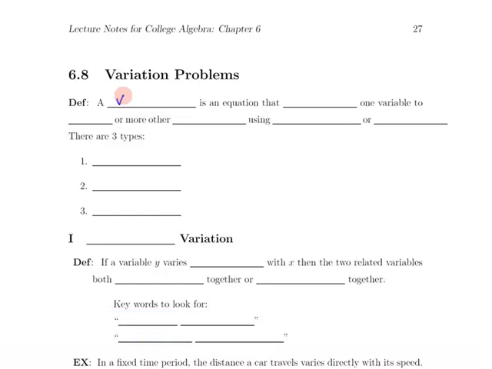Variation, by definition, is an equation that relates one variable to one or more other variables using multiplication or division.